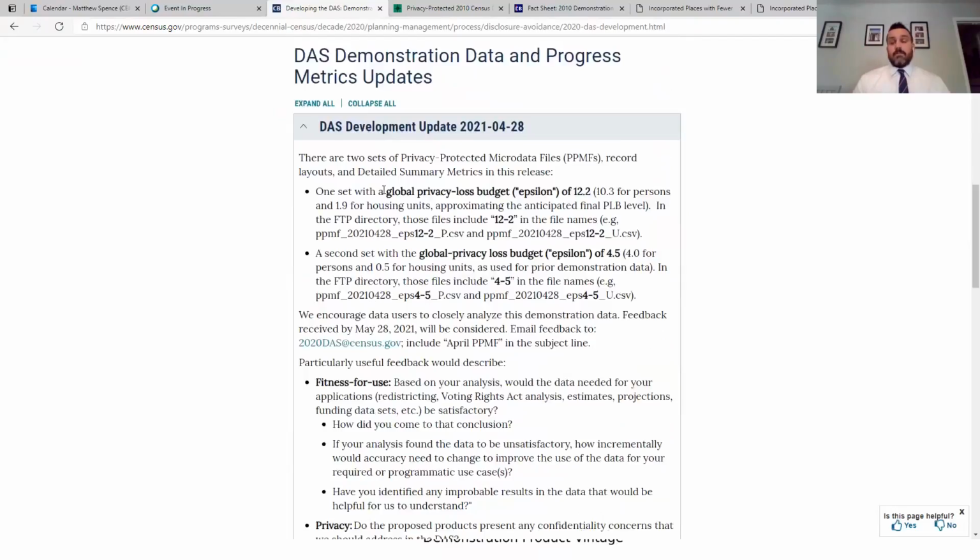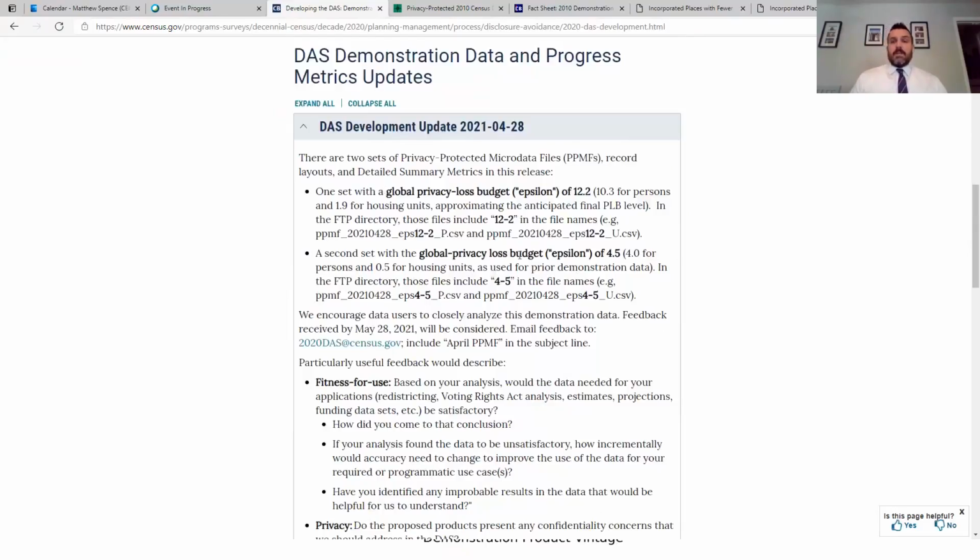We released two different versions of the data and the summary metrics this time. One at the global epsilon of 12.2, which, as Michael was saying, is much more likely to be close to the level that is actually released for the redistricting data in August and September.